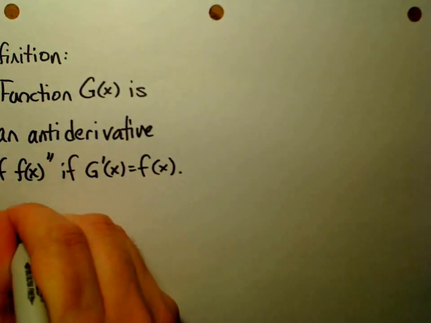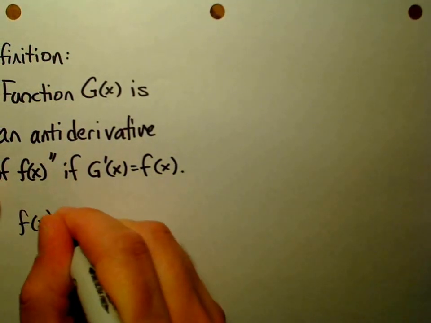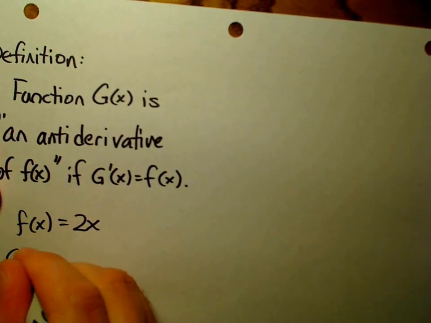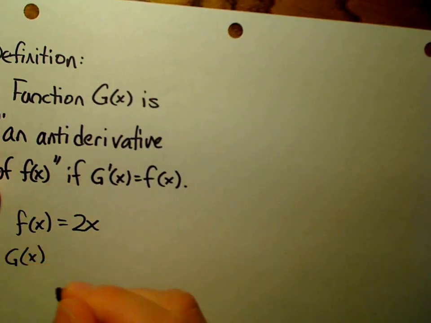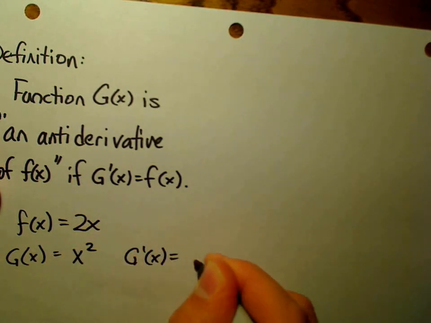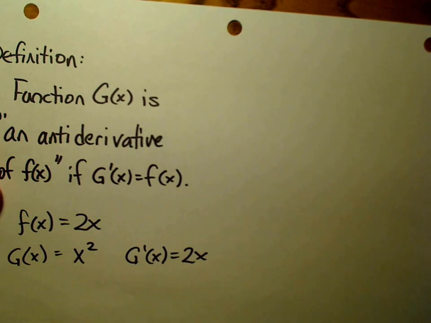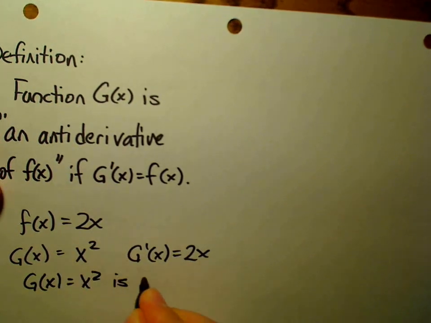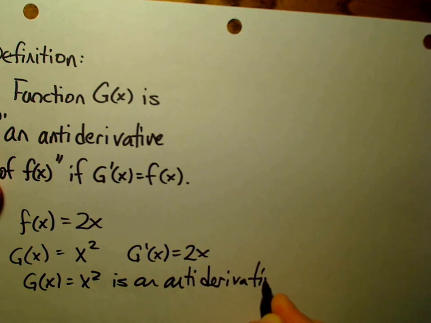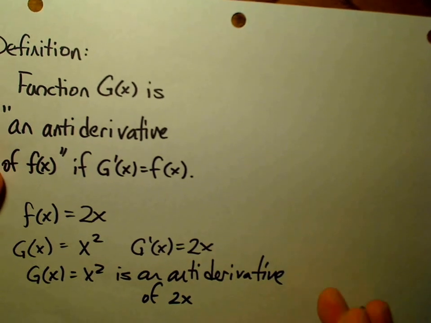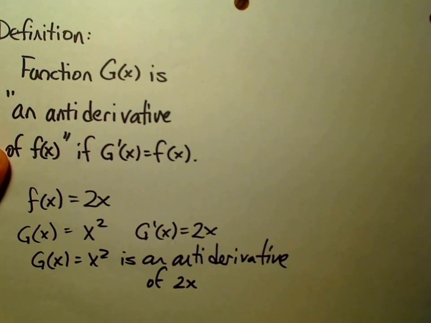So for example, if our f of x were 2x, one possible g of x would be x squared because the derivative of that is 2x. And so g of x equals x squared is an antiderivative of 2x. But that's not the only one.